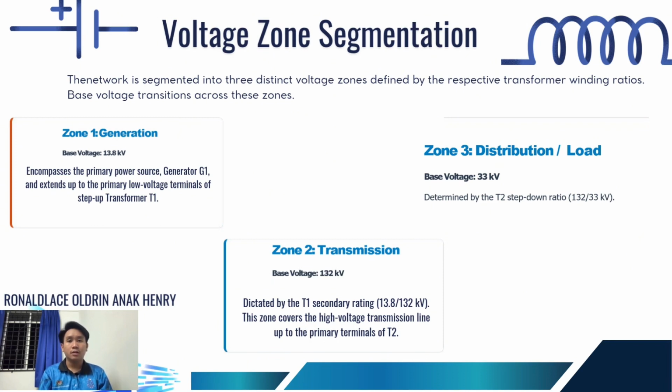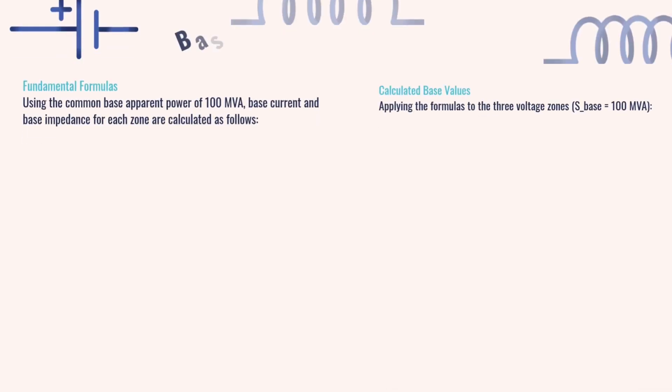Zone 3 includes the secondary side of transformer T2 and the industrial load with a base voltage of 33 kV. The voltage zones are determined by the transformer voltage ratios, which establish the base voltage for each section of the network. This step is important because it ensures that all subsequent per unit calculations are performed accurately and consistently.